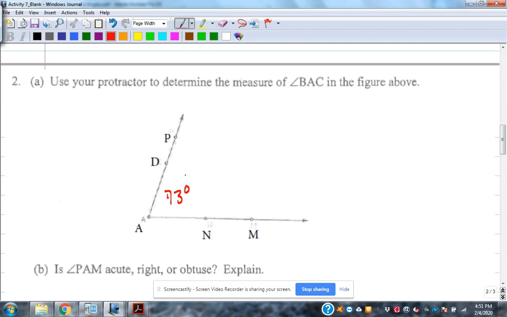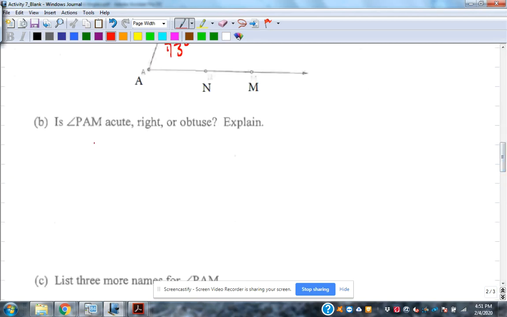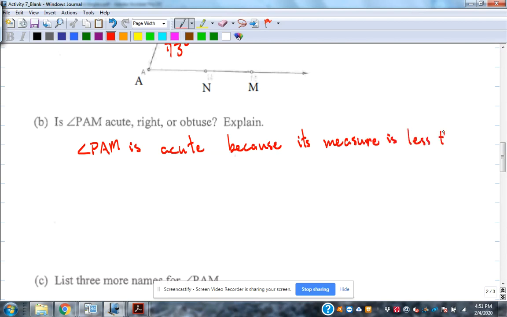Is that acute, right, or obtuse? And it says explain. Okay. Angle PAM is acute because its measure is less than 90 degrees.